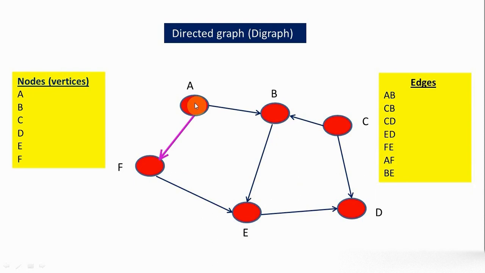Because the path is from A to F. And similarly, lastly, you can see BE is an edge, not EB, because path is from B to E. So this was a very short description of graphs, and later on, as I have been telling you repeatedly, we will be dealing with these topics in detail in our subsequent lectures.